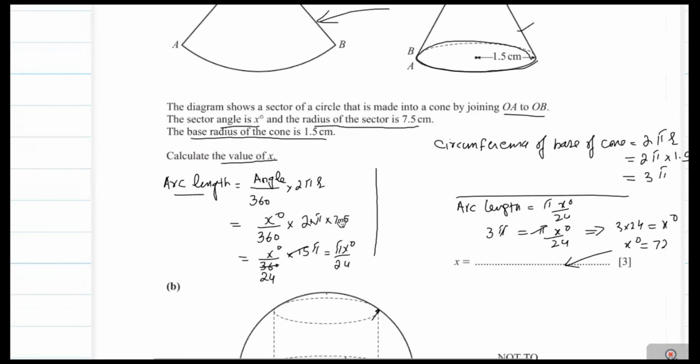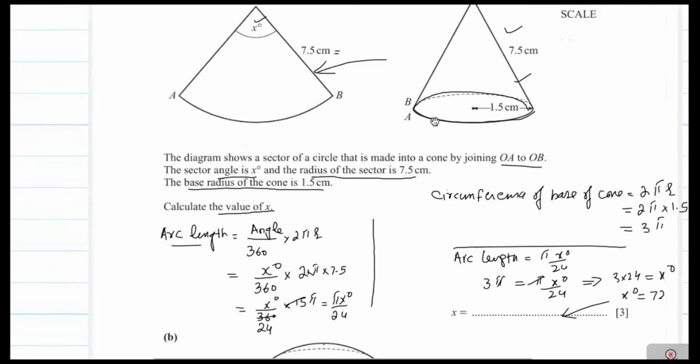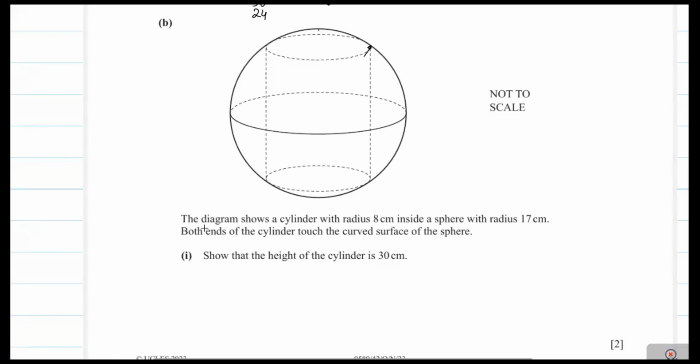Now, next part of this question number 4. Question 4, part B. The diagram shows a cylinder with radius 8 centimeters inside a sphere with radius 17 centimeters. Both ends of the cylinder touch the curved surface of the sphere. Show that the height of the cylinder is 30 centimeters.